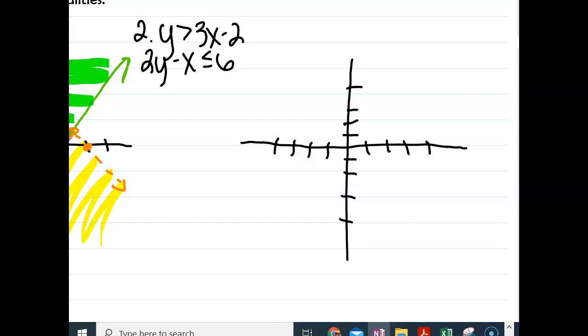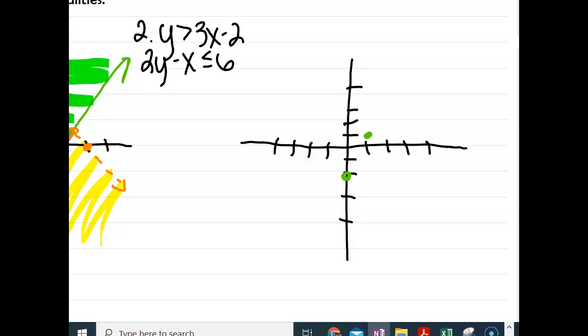Remember, we're just graphing 2 inequalities on the same graph, so they have to be in y equals. The first one is already in y equals. My y-intercept is at -2. My slope is 3, or as a fraction, 3 over 1. So rise 3, run 1.